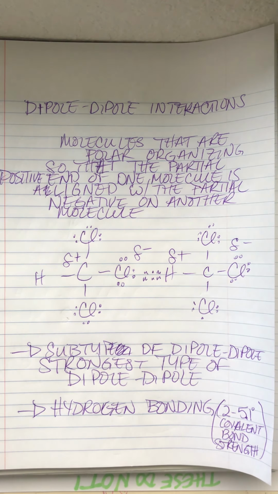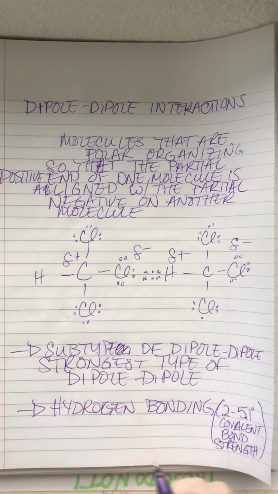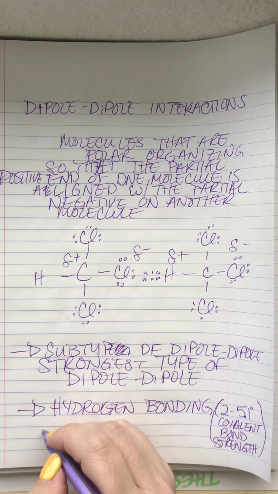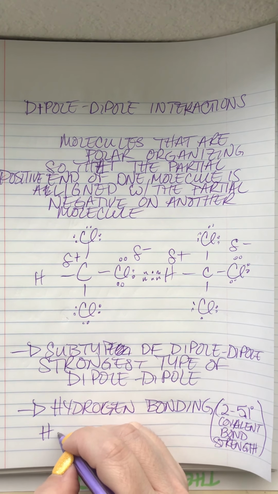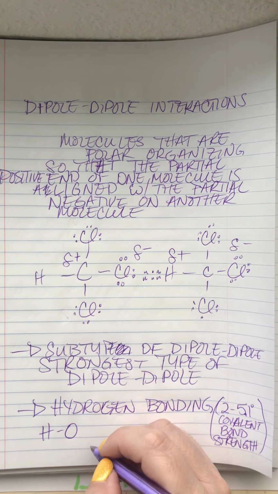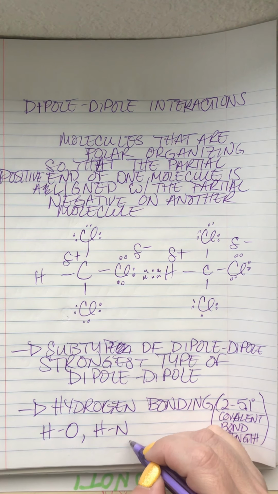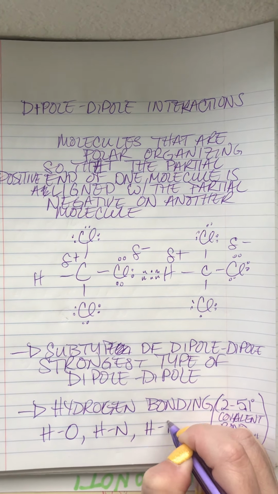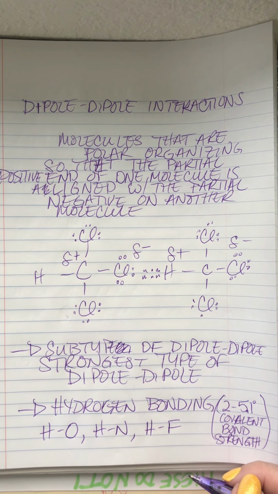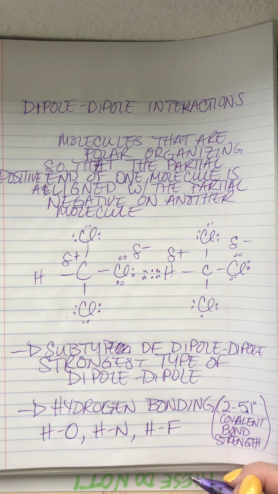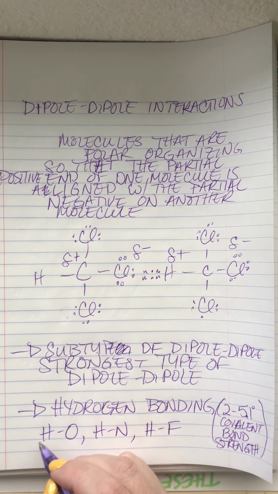Questions about these guys? Cool. So hydrogen bonds can only occur when you have hydrogen bonded to oxygen, hydrogen bonded to nitrogen, or hydrogen bonded to fluorine. Okay? These are the only 3 bonds that can hydrogen bond.